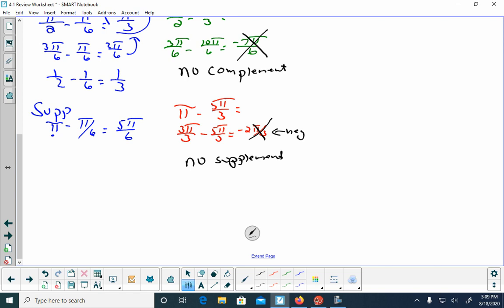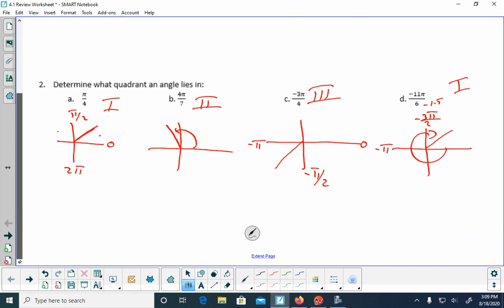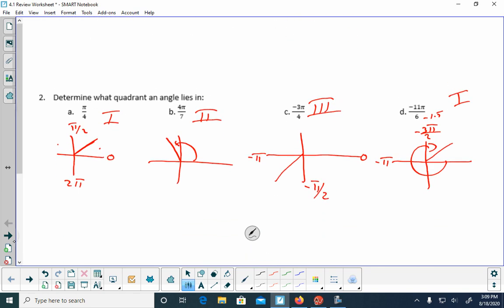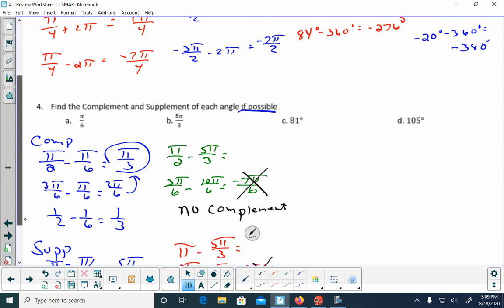If I had asked you this on a different part of the quiz or review sheet, this 5 pi over 3 is actually in the 4th quadrant, which means it's not going to have a complement or a supplement.